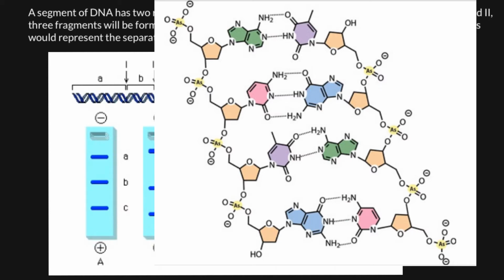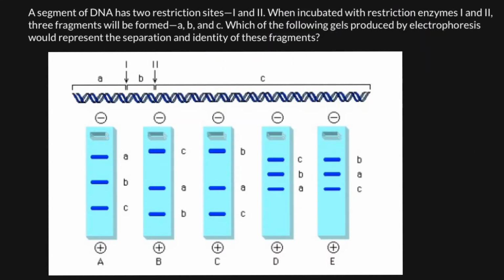So, because the overall double-stranded DNA has a negative charge, that means that when we run a gel, our DNA would be loaded on the negative side where negative charge would be applied, and our DNA would move in the direction of the positive charge.